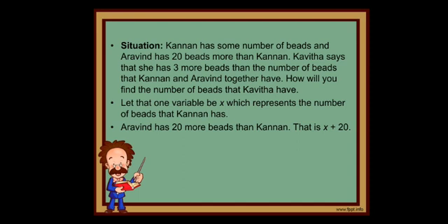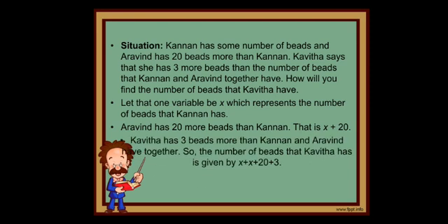Kannan has x beats and Aravind has x plus 20 beats. So together Kannan and Aravind have x plus x plus 20 beats. So Kavita has 3 more beats than that, so Kavita has x plus x plus 20 plus 3. This is the number of beats that Kavita has.